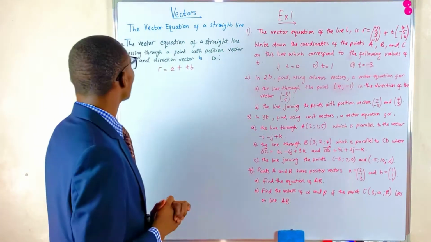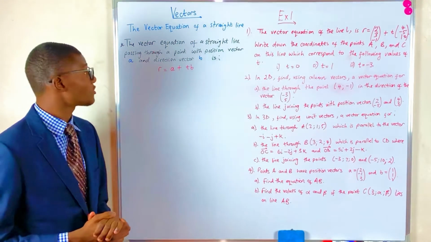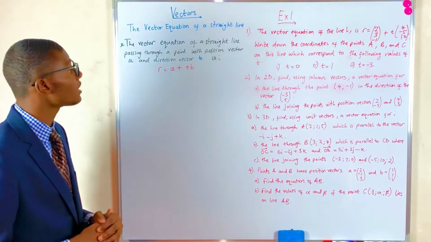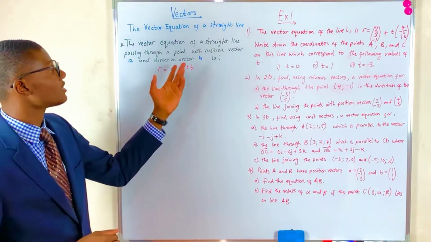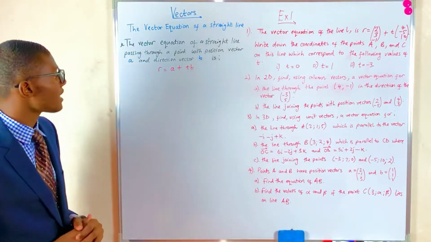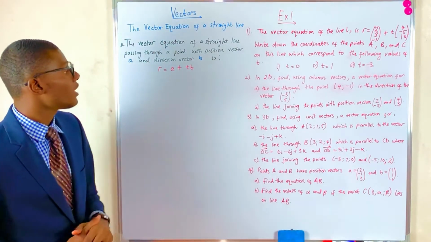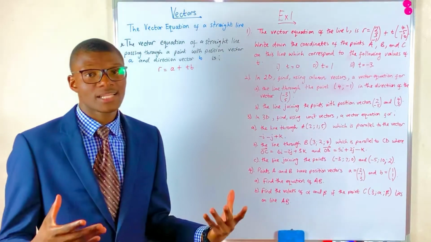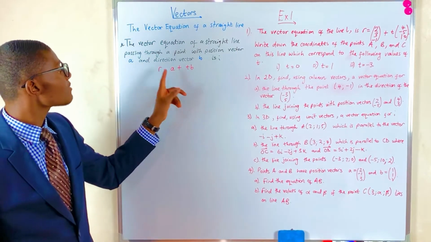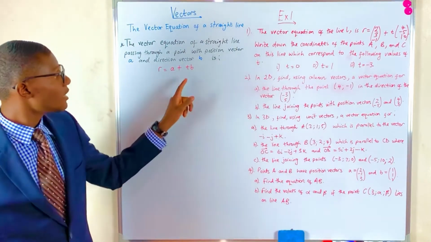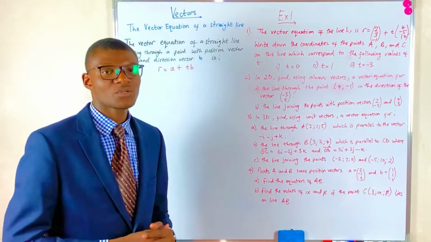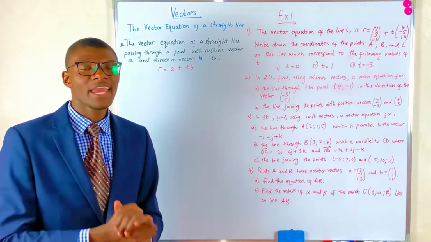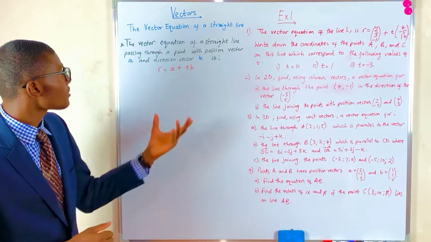So the vector equation of a straight line passing through a point with position vector a and the direction vector b is written as r = a + tb, where t is a scalar, a is a position vector that lies on the line, and b is the direction vector which runs along the line. So this is how we can express the position vector of any point along a straight line.